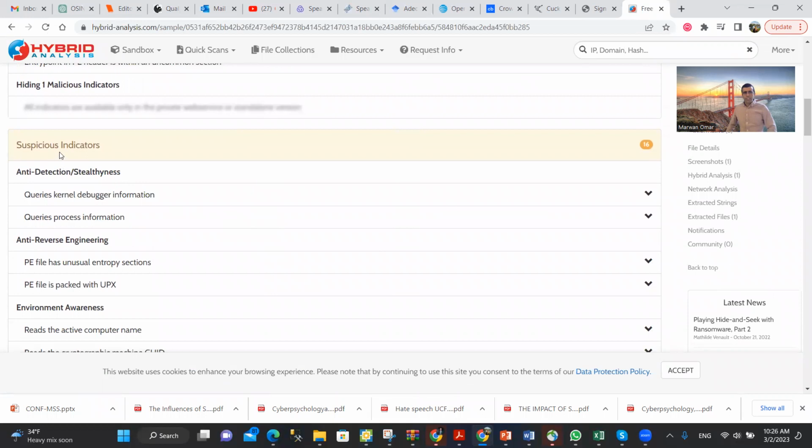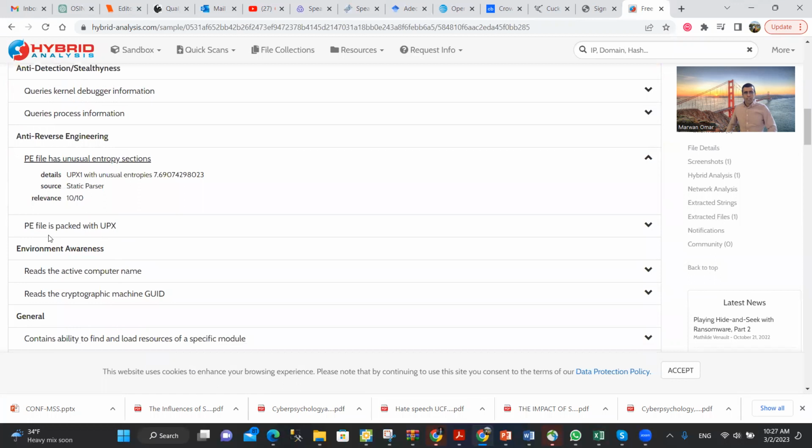What are some of the indicators of compromise here? It queries kernel debugger information, anti-reverse engineering. The PE file has unusual entropy sections, and you can look at more details here. So the PE file is packed with UPX. So packed malware, this is common.